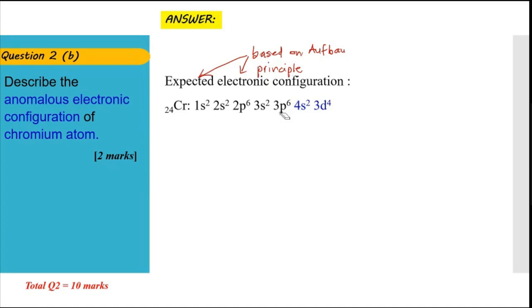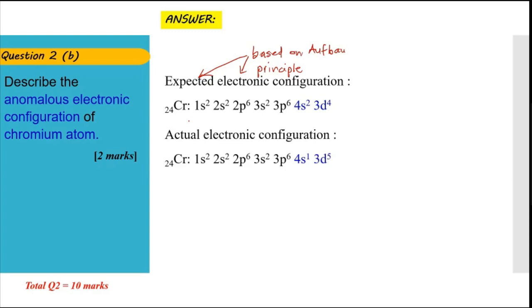So you just follow the Aufbau principle in filling electrons: 1s, 2s, 2p, 3s, 3p, after 3p, 4s, and 3d. Use up all the 24 electrons. But the actual one is what really exists.